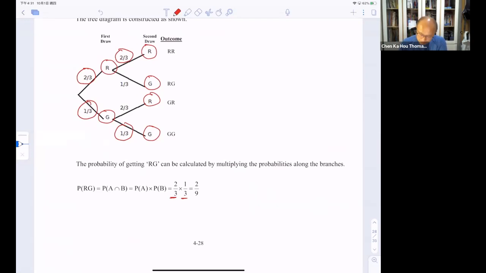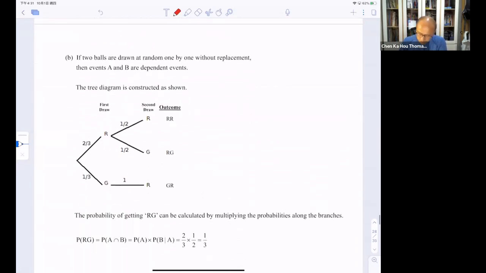But without replacement, you do not put the ball back. The first one being red is 2 over 3. But the second one being red is 1 over 2, because there are only 2 balls left and one of them is red. The second one being green is 1 minus 1 over 2, using the complementary rule, so it's 1 over 2.